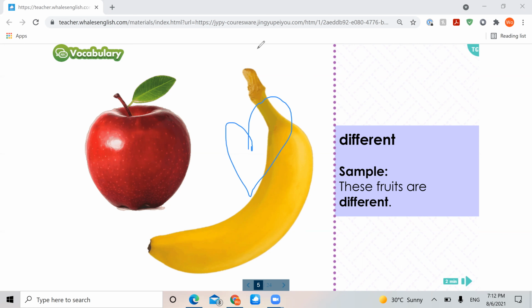Do you? Are these two fruits the same? They're very different. What color is the apple? That's correct. It's red. What about the banana? It's yellow. That's right. Fantastic. They're different. Can you show me two things that are different? Superb example. Let's move on.